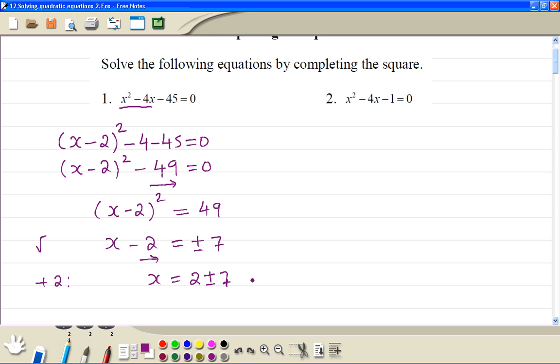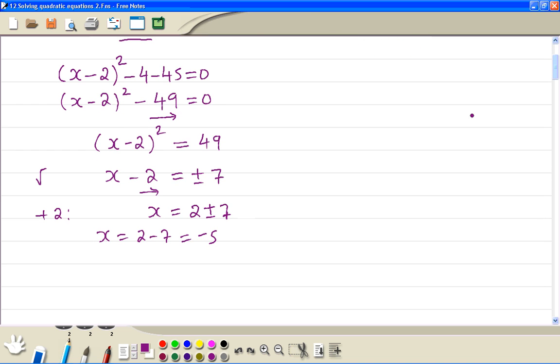Which means 2 minus 7, which is equal to minus 5, or 2 plus 7.